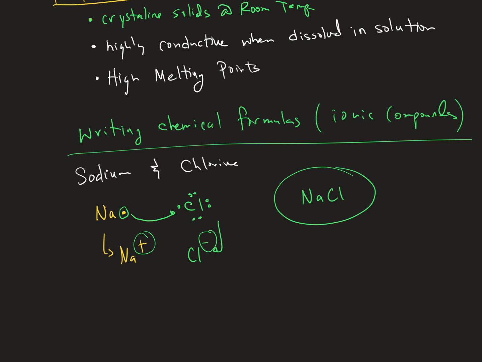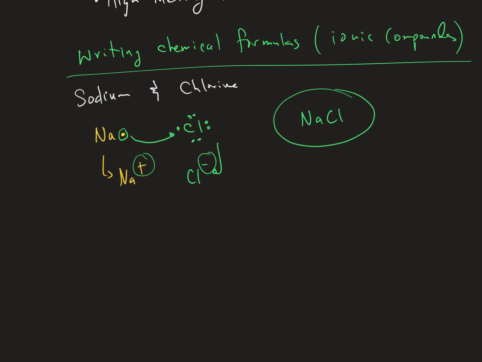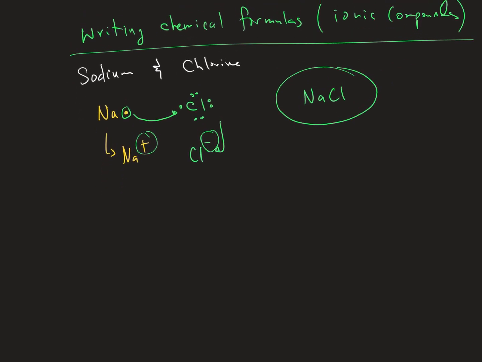All right, let's do one that's maybe not as straightforward. Let's do magnesium and nitrogen. Okay. So we can draw all of this, but really we just need to know what its charge is, right?